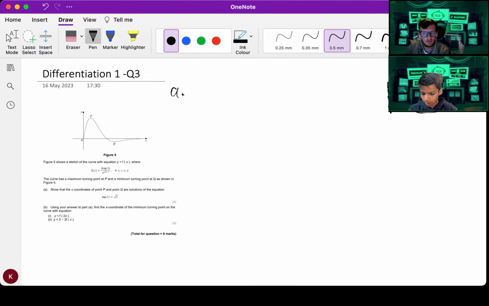Next then for part A, show that. And I think we have to find the maximum turning point and the minimum turning point.